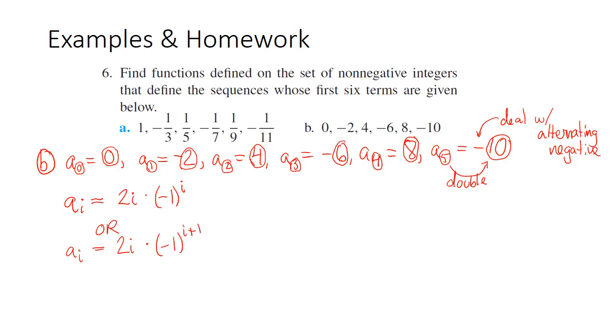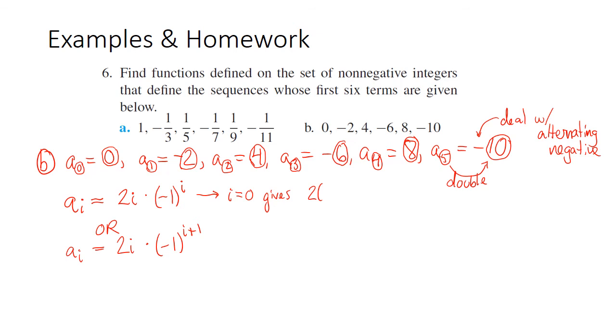Those will both give me an alternating positive negative pattern. They'll just be one off from each other, so I need to figure out which one is the correct one. This first one, if I plug in i equals 0, well actually they would both give me 0, wouldn't they? I better plug in a different number.